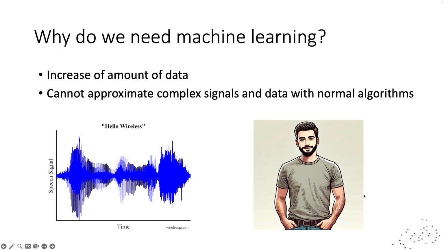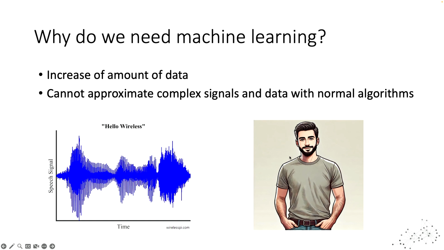Usually it's difficult using ordinary algorithms to describe or recognize that this is a human, analyzing the pixels of this image. Sometimes we can even recognize a specific person.